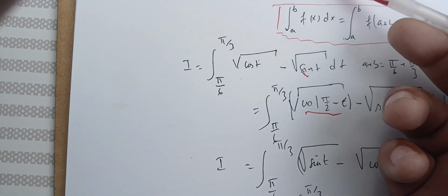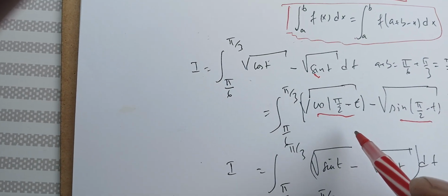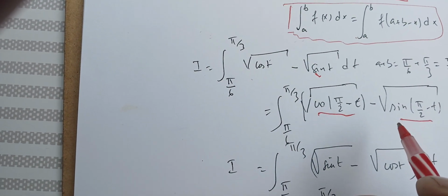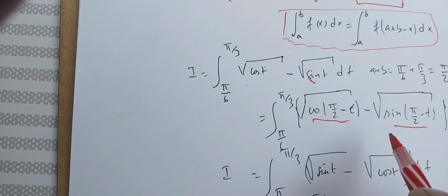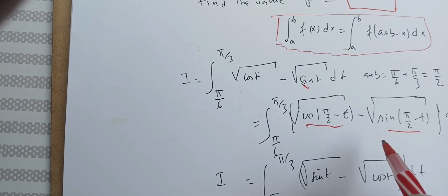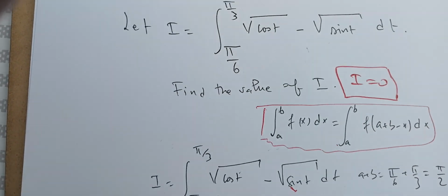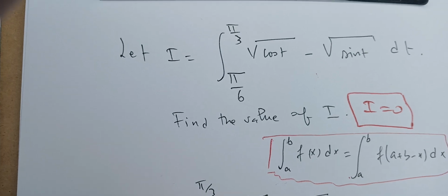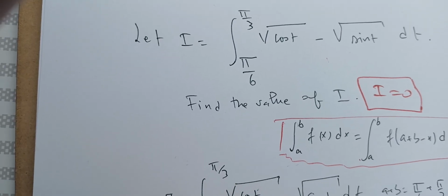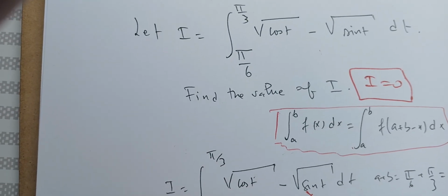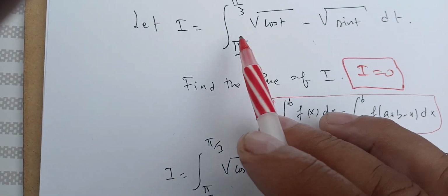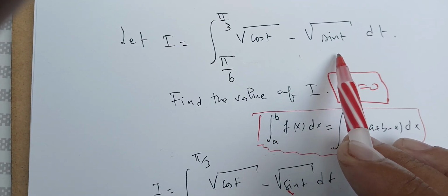If we want to do this one here, we can do a change of variable, but that one will require some work. And there is another technique that we can use, but we're going to see it in another video, not here.